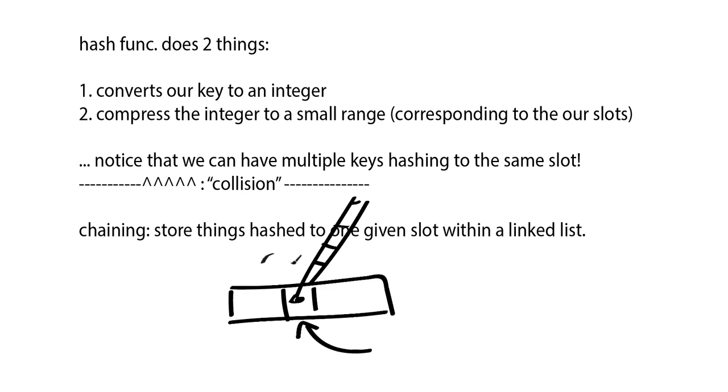And we insert at the head, so the thing that was there moves to the next spot, and so on. Well, it doesn't really move because it's a linked list. We just add to the head of it. But this is sort of the picture, right? We add to the head, and we just increase the size of this linked list. So this is chaining. Hopefully that's a good visualization.